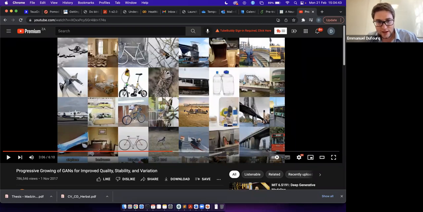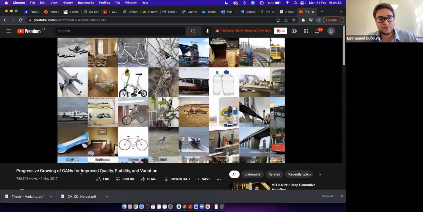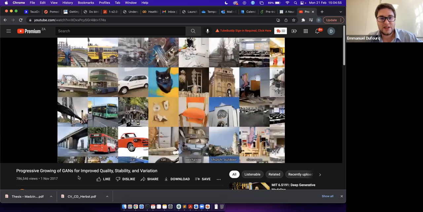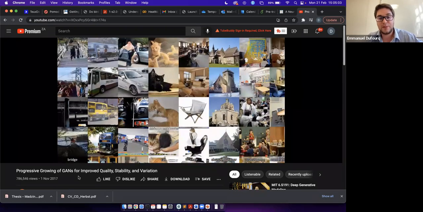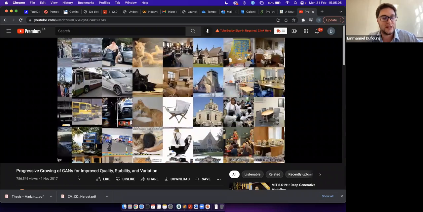And I have absolutely no idea what this is. So some of it looks not at all realistic. But over time, this has improved significantly, especially to generate pictures of people that don't exist.